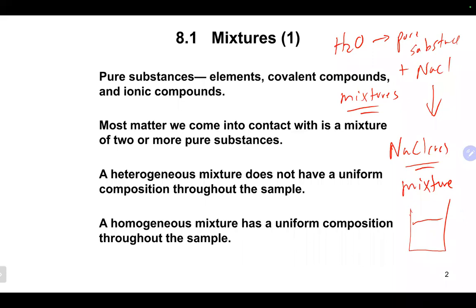You can't really see the salt in it because it's dissolved, but it is still there. A reminder that these are physical changes, because obviously you could heat up the salt water and evaporate off the water and be left with just the salt part there.